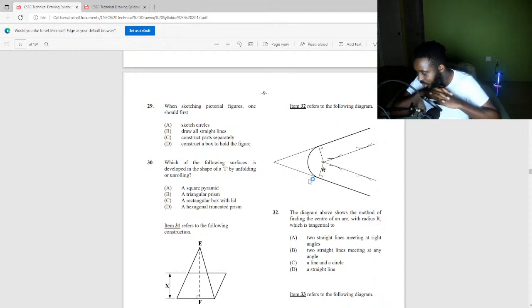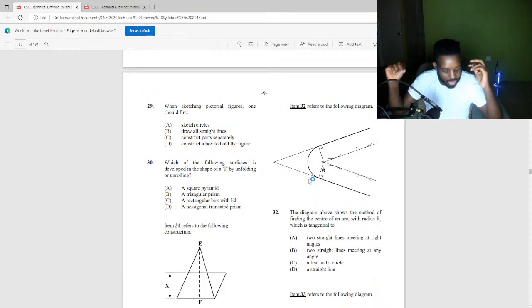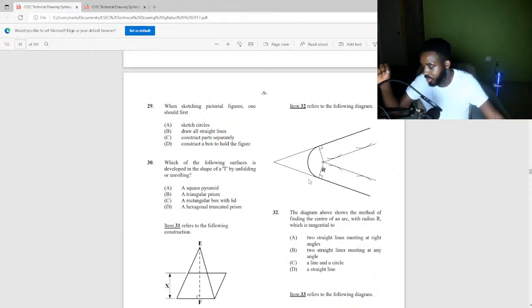All right, the answer would actually be D. You want to make a box and then you construct the figure from the box. Yes, Alia, the box.